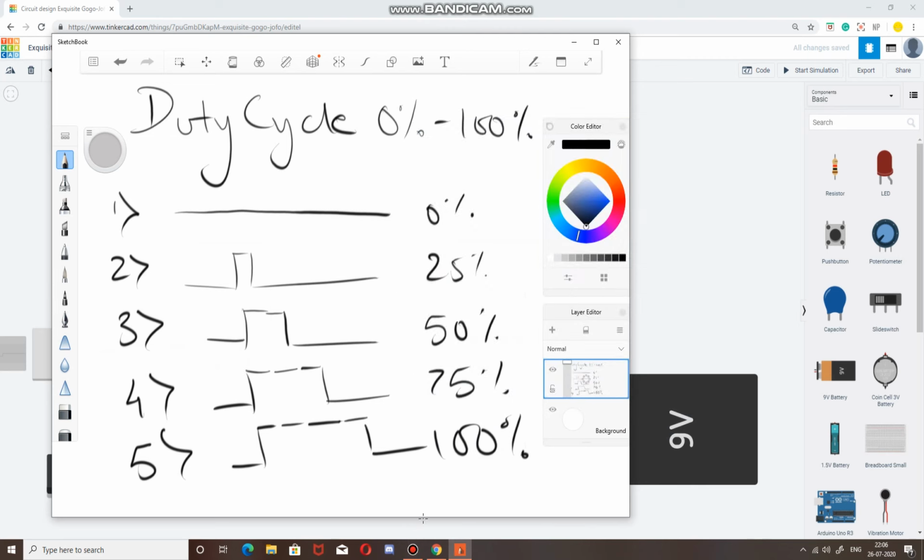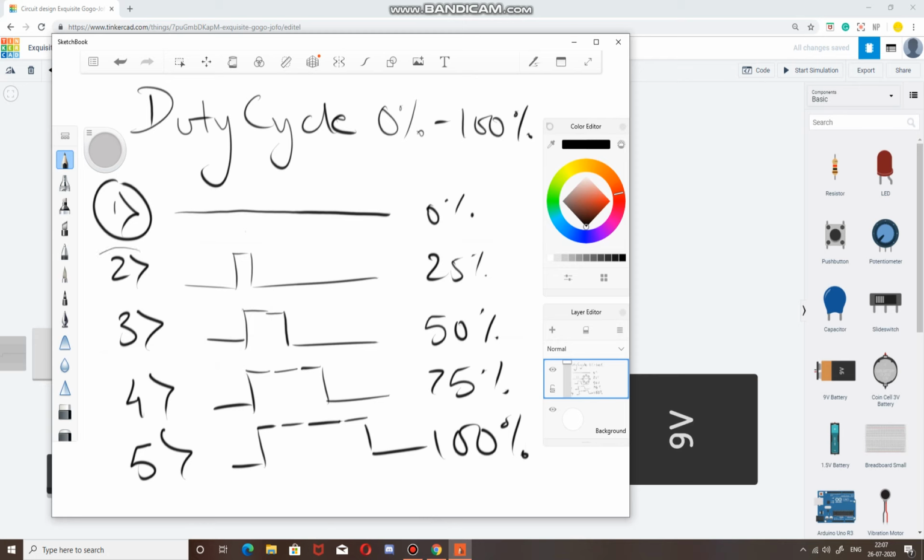Now what you are seeing is what this duty cycle means in a transistor. Suppose you are giving this signal to the base of a transistor. If you give the number 1 signal, a 0% duty cycle signal, the transistor will be off all the time.